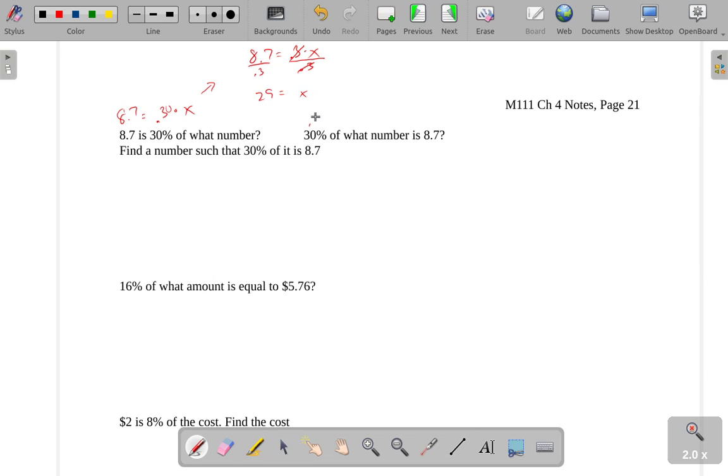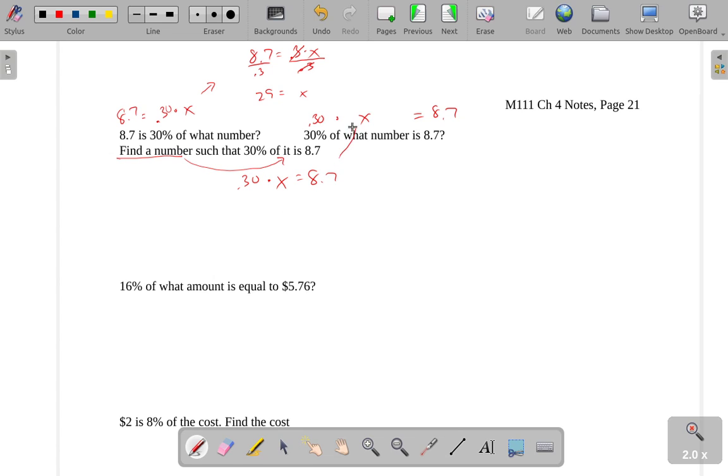We can do the same thing if we translate this one. 30% is 0.3 of what number? That's x, is 8.7. You can see this is the same problem. It's just flipped around. Find a number such that 30% of it is 8.7. So a number is the it here. So we get 30% of the number that we're trying to find is 8.7.